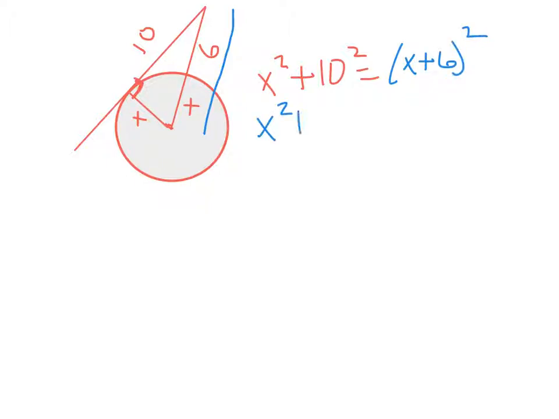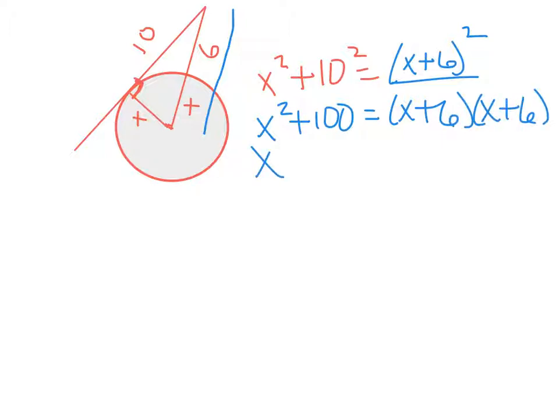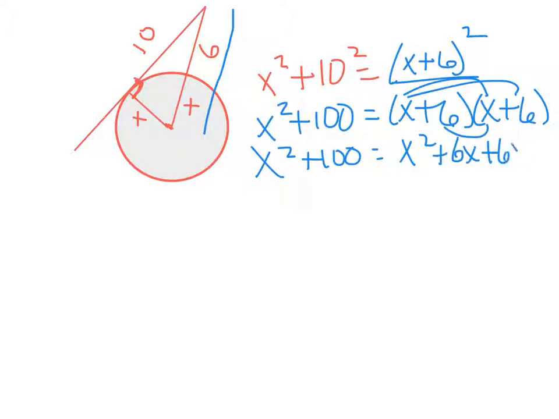So you get x squared plus 100, but please remember when you have a binomial squared, it is x plus 6 times x plus 6. Actually, I have to FOIL that out. So it will be x squared plus 6x plus 6x plus 36.